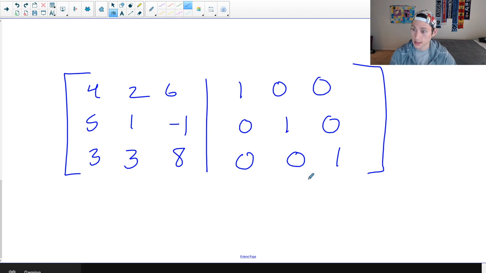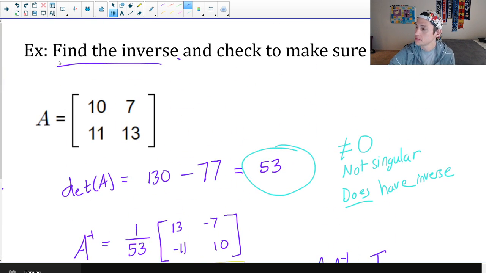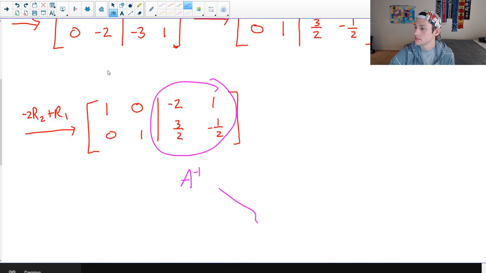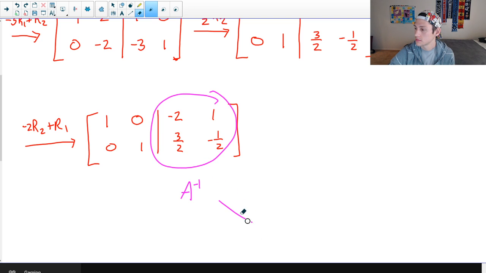As long as the matrix actually has an inverse, then doing this process will work. So it's pretty neat.